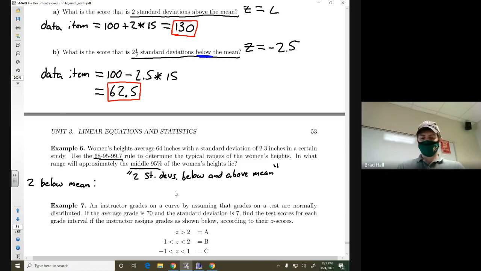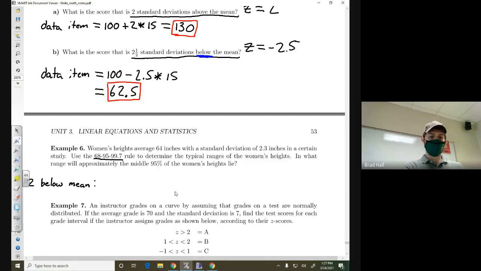So how do we figure out the value that is 2 standard deviations below the mean? Well, what do we need to take away? Or in other words, what do we need to start off with in order to take something away from it? 64. Yeah, the 64. We need a mean in order to look beneath it or below it. And if we look beneath it, we're subtracting to go underneath the 64.